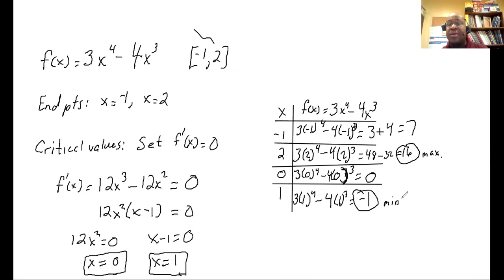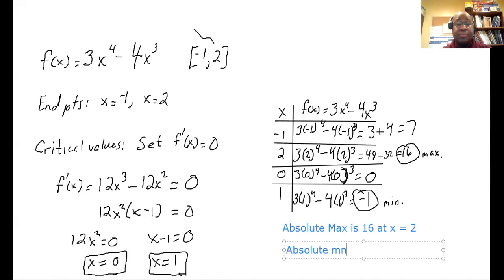So that's going to be the minimum value. All right, so now when we answer the question as to what the extreme points are, we would say that the absolute maximum is equal to 16 when x is equal to 2, and that the absolute minimum is -1 at x equals +1.